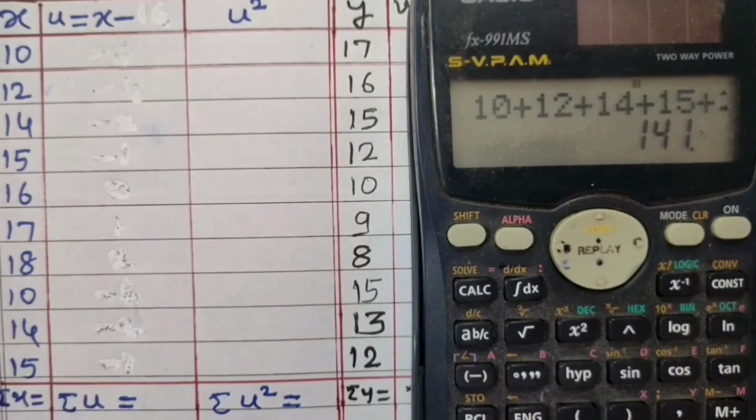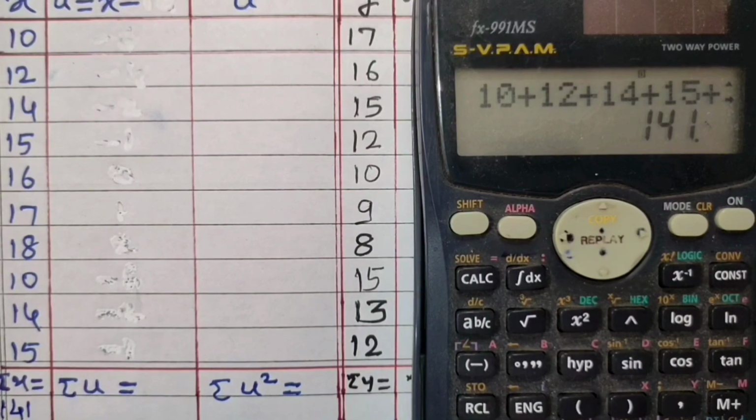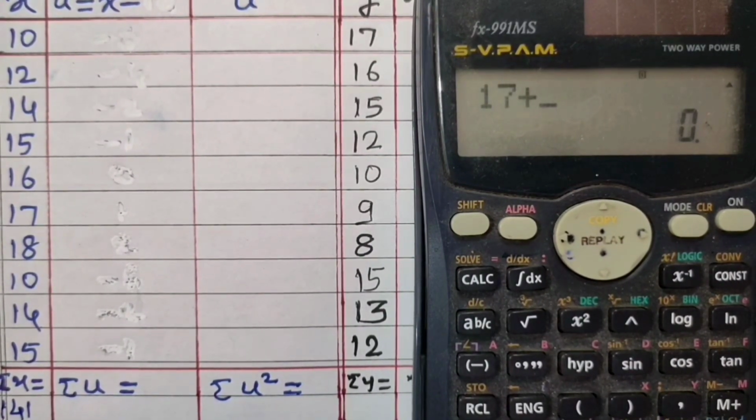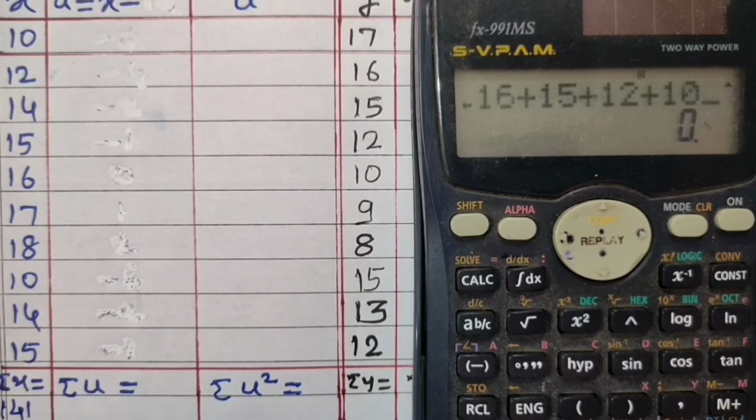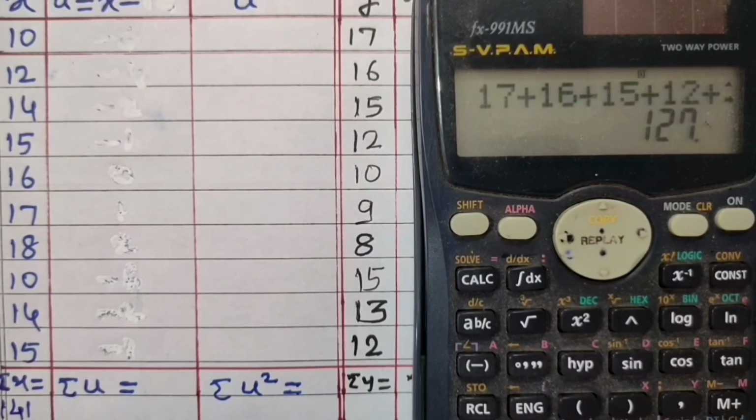Now the sum of all values of Y series: 17 plus 16 plus 15 plus 12 plus 10 plus 9 plus 8 plus 15 plus 13 plus 12, and this is equal to 127.